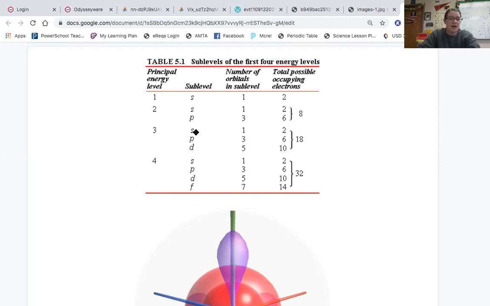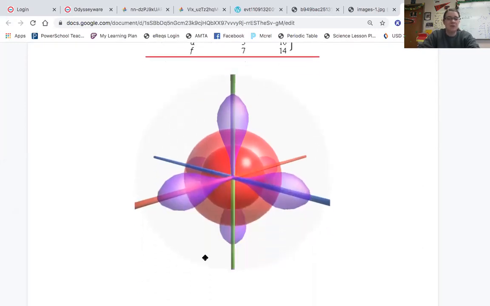Energy level 3, you can have all the s, p, and d orbitals, and so it can hold a maximum of 18. Energy levels 4 and 5 can have s, p, d, and f sublevels, and so they can fill with 32. This is a good representation of what our probability looks like of finding these electrons in these areas.